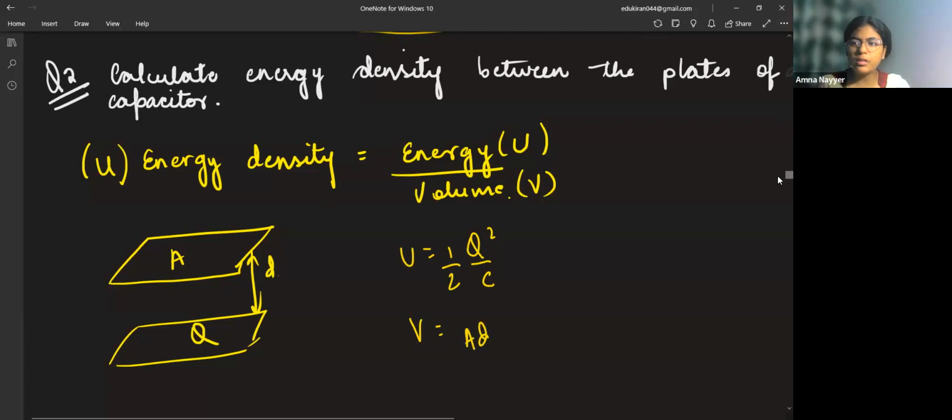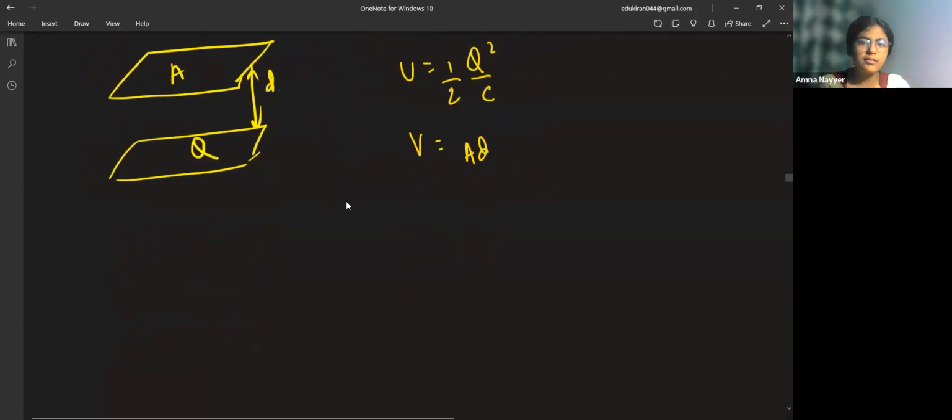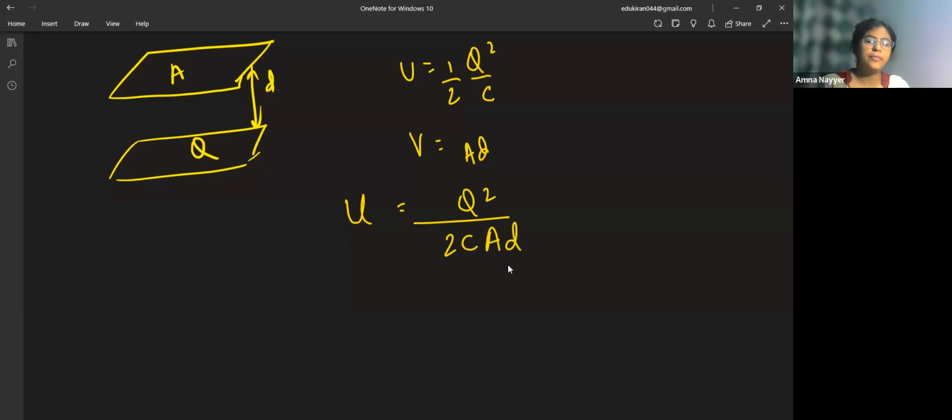So put both the things in the formula of energy density. We represent this by a U type symbol. This becomes Q square by 2C AD. Now, in this formula, C is equal to epsilon naught A by D, if we take the capacitance between two parallel plates. This is the formula, right?